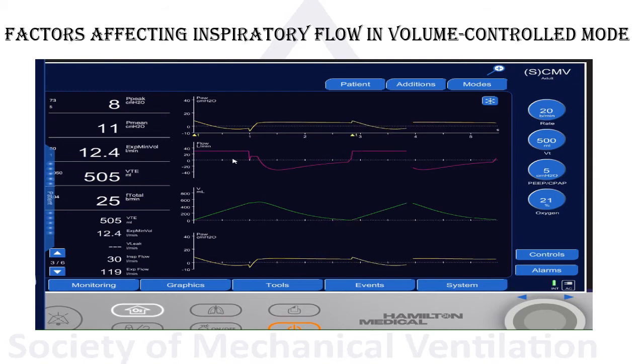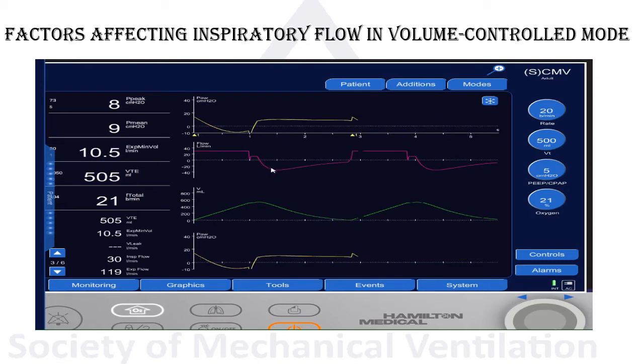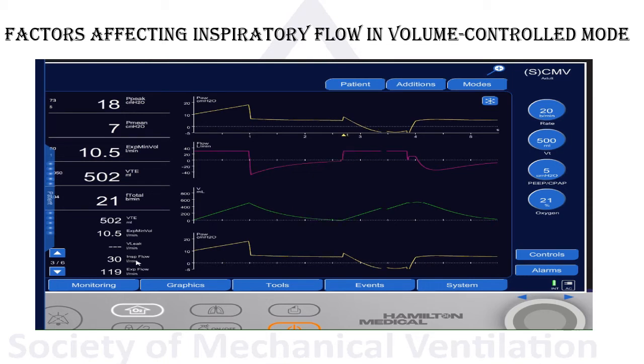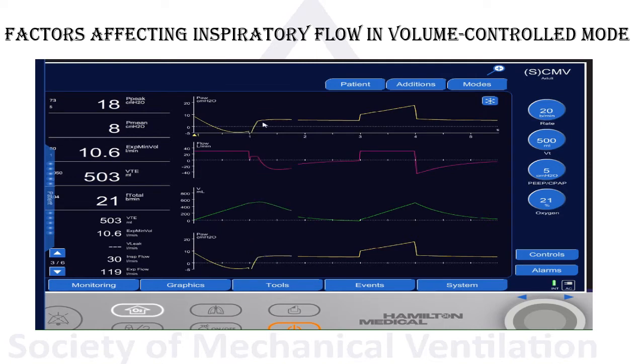So the more the patient starts to work harder, and this may be too exaggerated, you can see here what happens to the inspiratory flow because the patient is pulling hard, it will go down. So you see it went down from the previous one to here, and of course, you can notice that the patient is pulling really hard on the airway pressure to the point it's making the inspiratory pressure sometimes negative. And you can see it here, the muscle effort. If you have an esophageal balloon, you will have more appreciation for this.